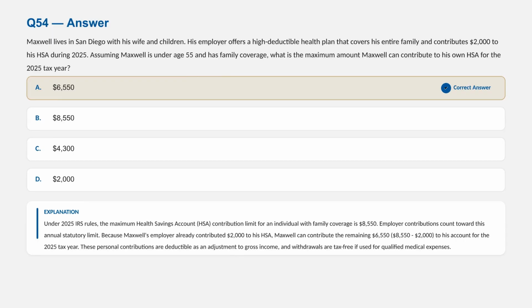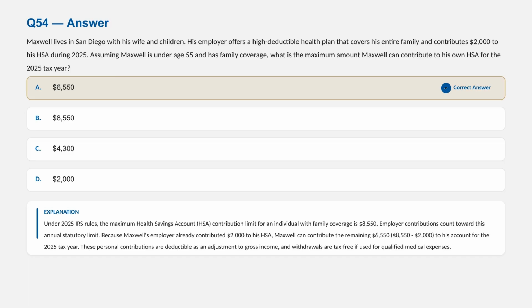The correct answer is A. $6,550. Under 2025 IRS rules, the maximum health savings account (HSA) contribution limit for an individual with family coverage is $8,550. Employer contributions count toward this annual statutory limit.